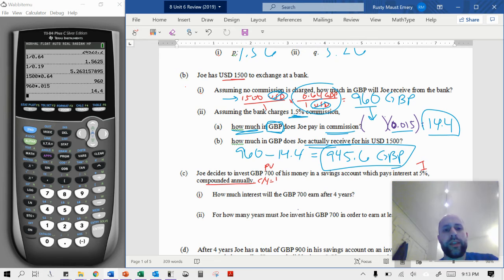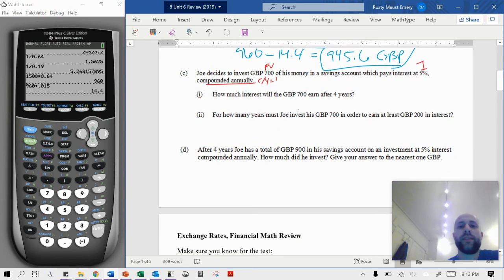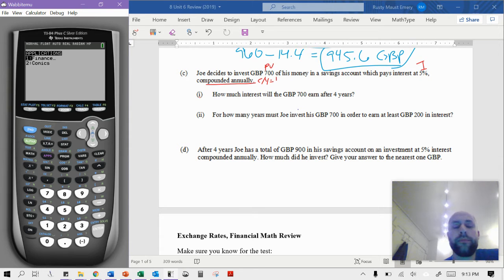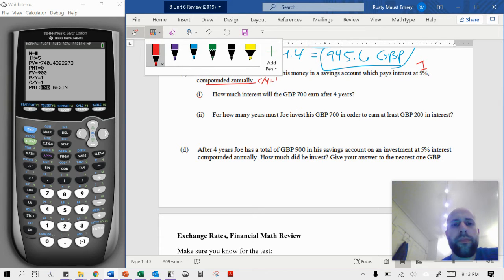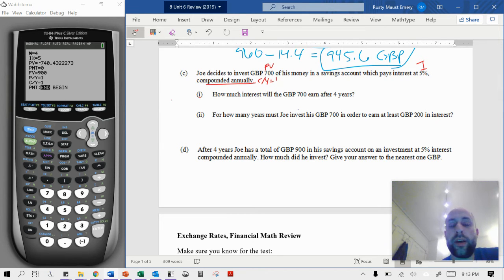So now Joe has his money and he decides to invest 700 of it in a savings account. So this is a TVM question, TVM solver. So remember apps, finance, TVM solver. And I have some of the things labeled already. You'll see we have the present value, we have the interest, we have the compounds per year. How much will the 700 earn in 4 years?